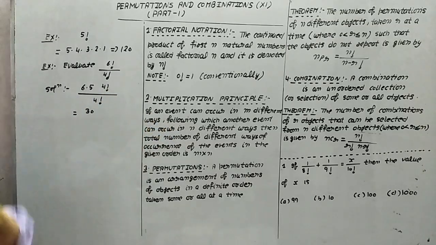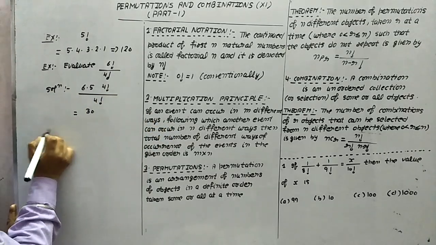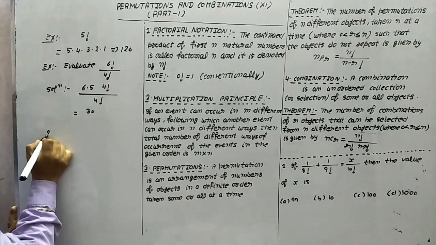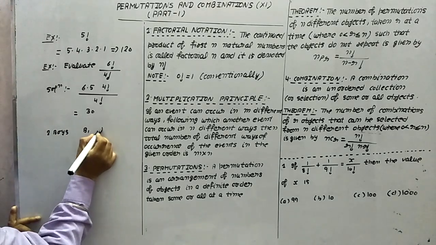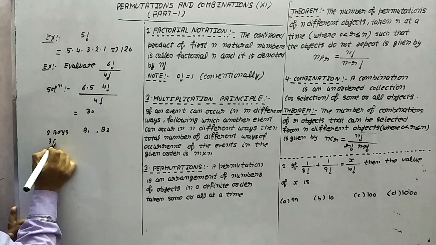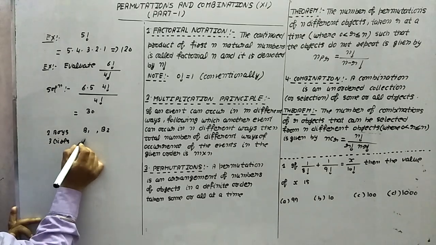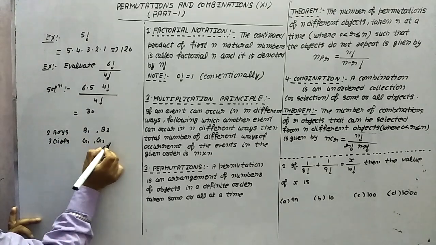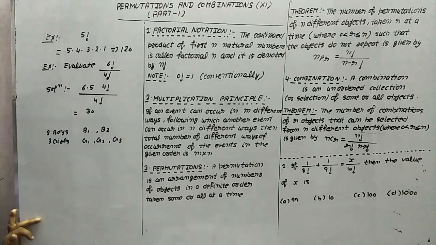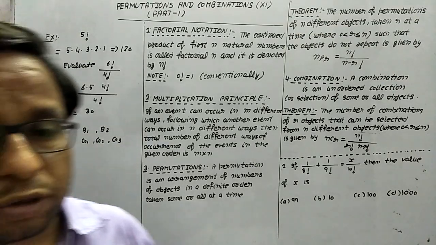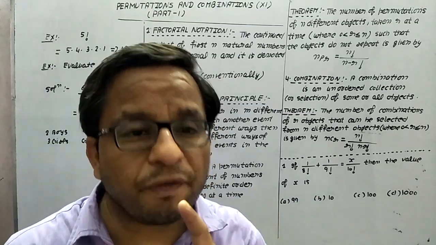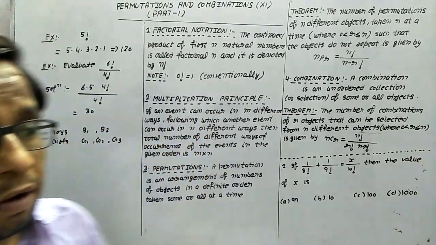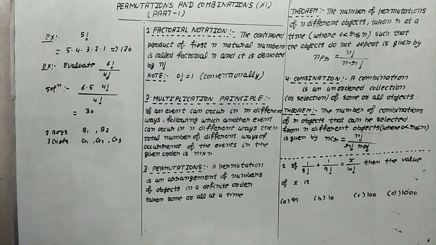To understand this concept, let's take a class with two boys, whom I am naming B1 and B2, and three girls, G1, G2 and G3. Now, the teacher wants to select two monitors, one boy and one girl. What are the possible ways the teacher has?